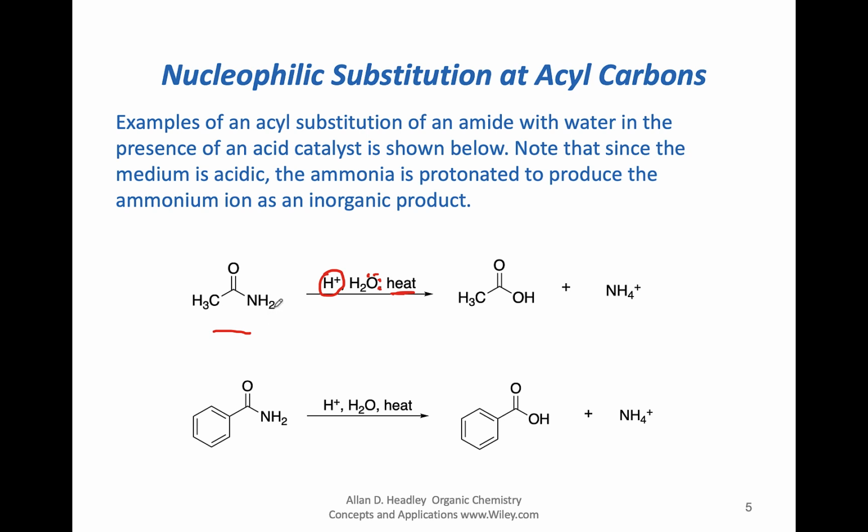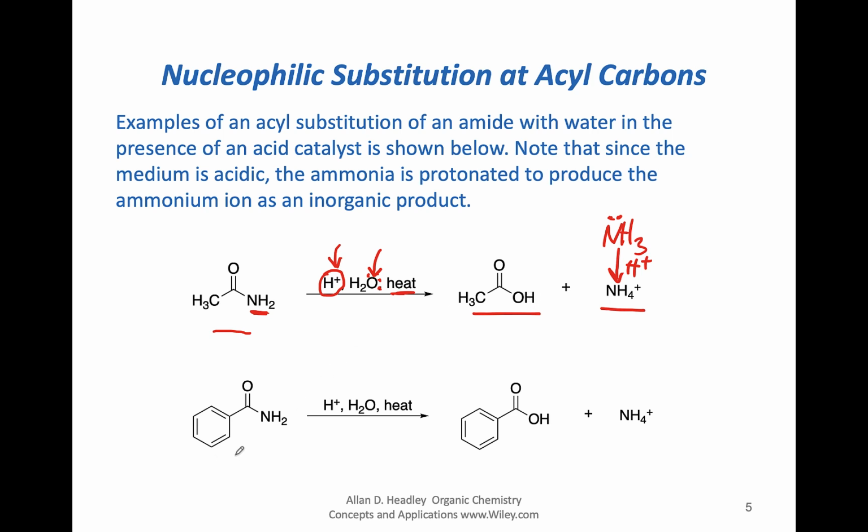So the OH from water substitutes for the NH2 to get a carboxylic acid. And of course NH4 plus. You may be wondering why NH4 plus instead of NH3, and that is because NH3 is a base, and in the presence of an acid it will protonate to give the ammonium ion.